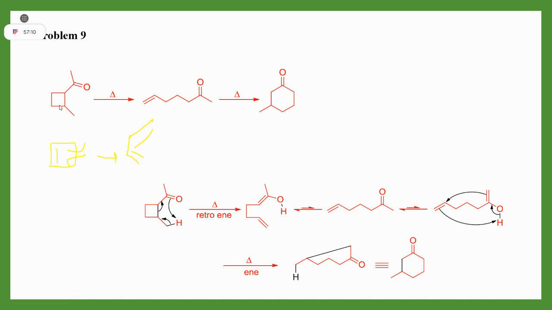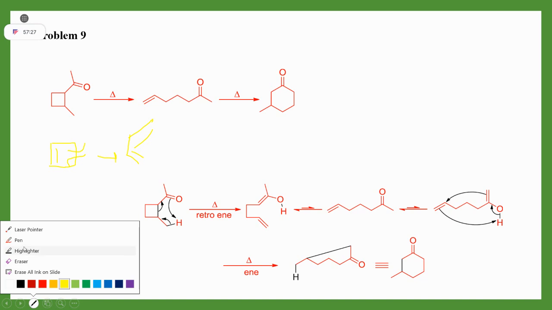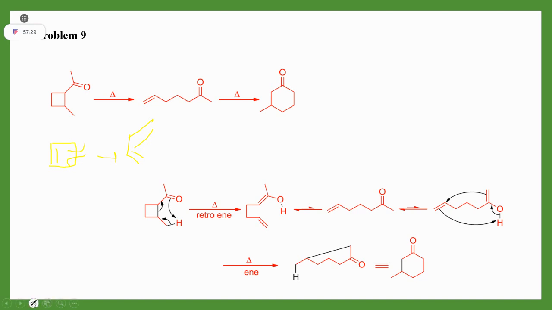Then we have studied sigma tropic. In sigma tropic, a 3,3 system type is visible when we do numbering, but here that also is not possible. Okay, I will use the red pen. Now it is visible, Prashant.